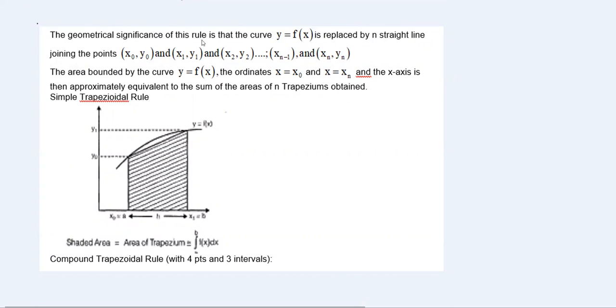So the geometrical significance of this rule is that y equal to f(x) is replaced by n straight lines joining these points. Now the area bounded by this curve is equal to these trapeziums.